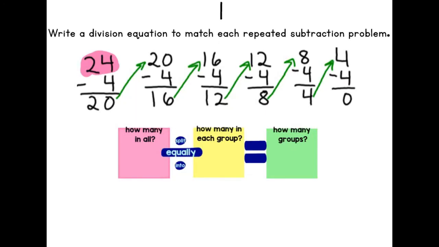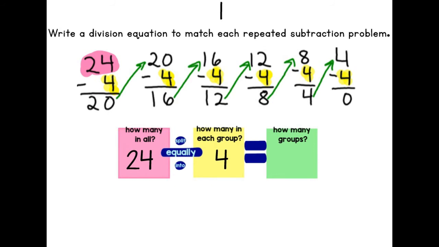All right, number 1. The kid solving this division equation started with 24. So that means that we know the dividend, which tells us how many in all, is 24. The divisor that tells us how many are going to go in each group is 4.